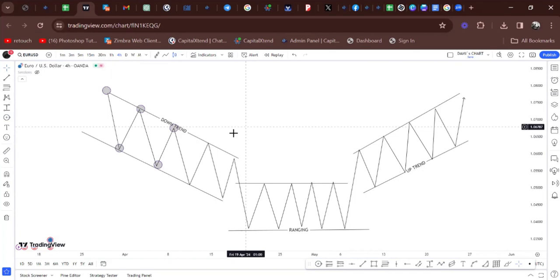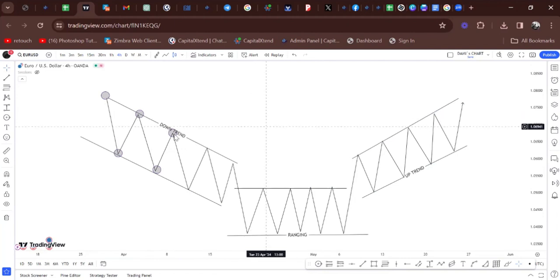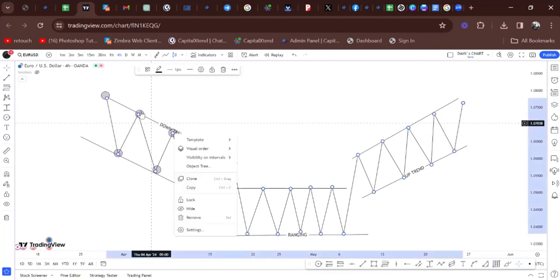Now, when we talk about market structure, this is what we talk about. The highs and the lows are what we look at as structure in the financial market.